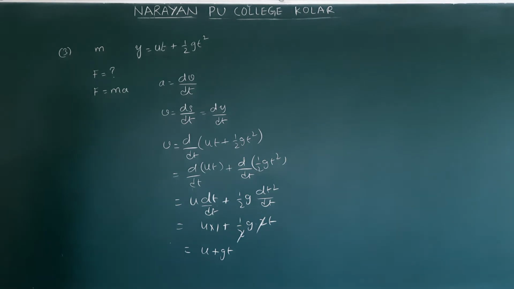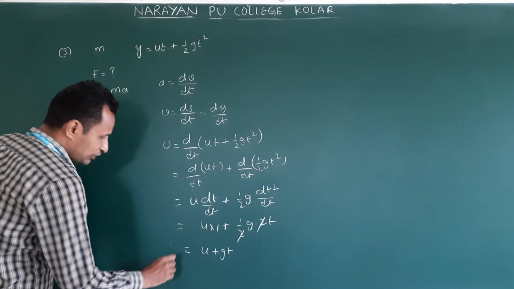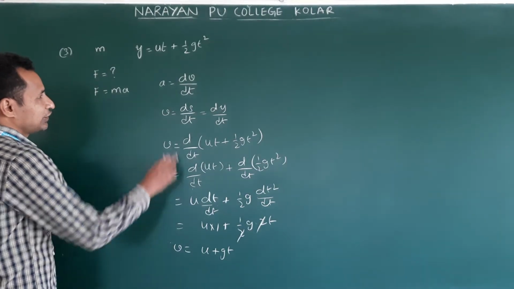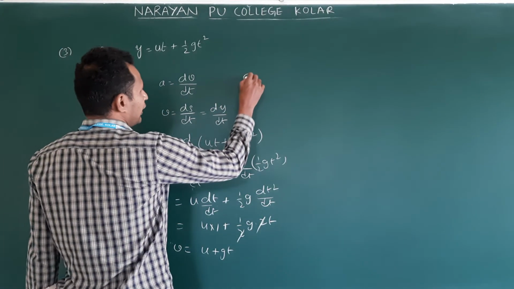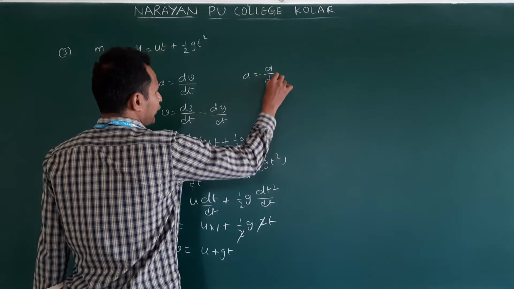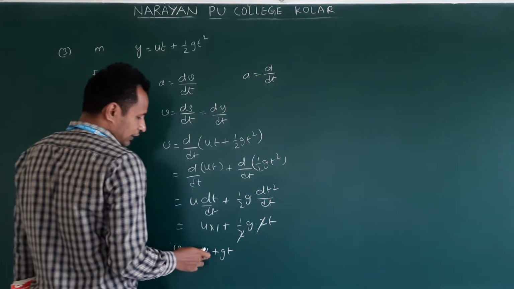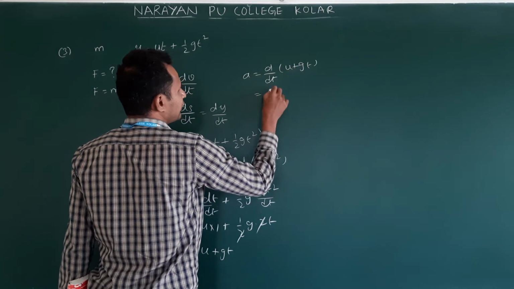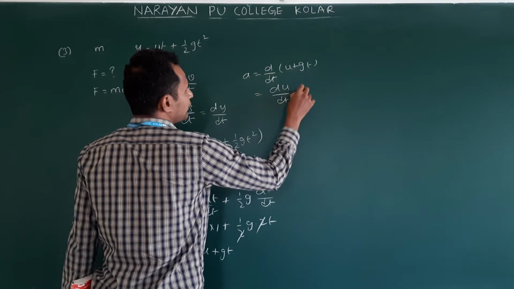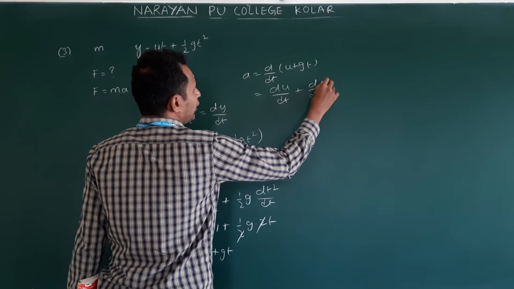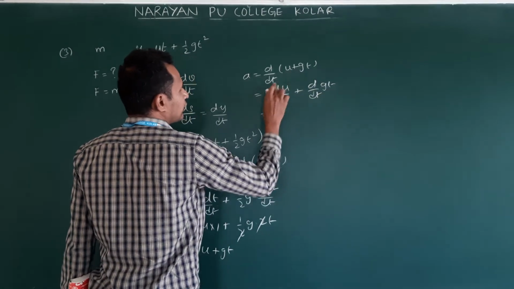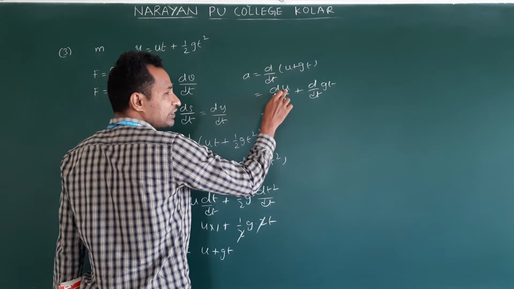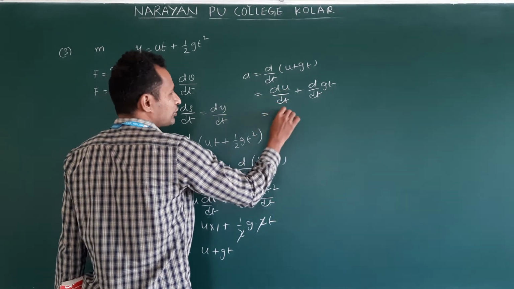Am I correct? Okay. Now this is velocity. Now again differentiate and you will get acceleration. So a is equal to d by dt of v, which we got as u plus gt. Then this is du by dt plus d by dt of gt. u is constant, the initial velocity, not related to time, so this is 0.